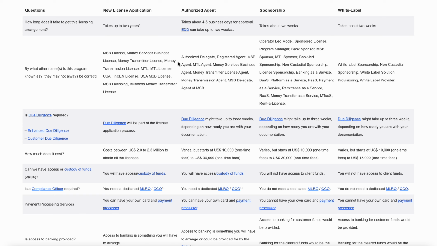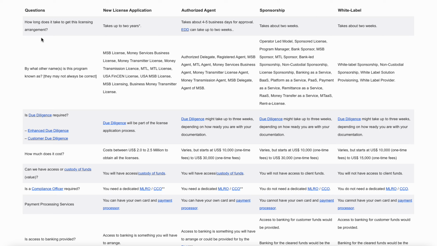If your startup or your company is doing activities that would classify it as a money services business, and hence your funds flow would require you to have a money transmitter license, because whatever you are doing in the funds flow is deemed to be money transmission, you need to understand which one of these four columns is best suited to you. Typically, everyone assumes that you have to go for a new license. They don't know that you can become an agent or sponsorship or white label.